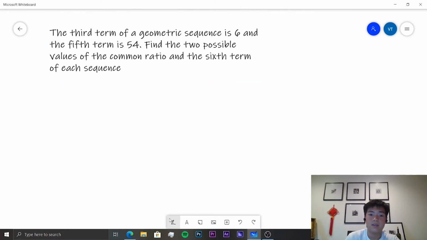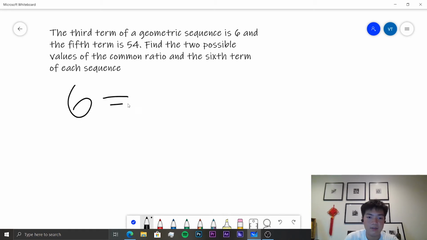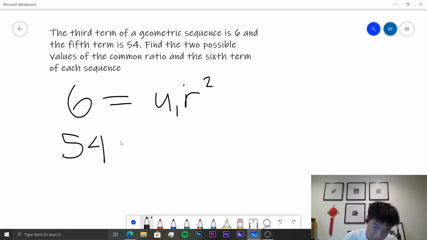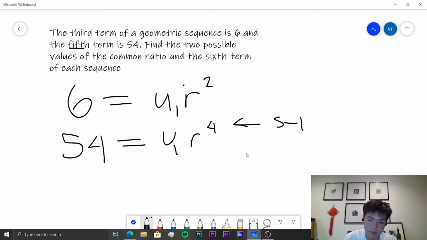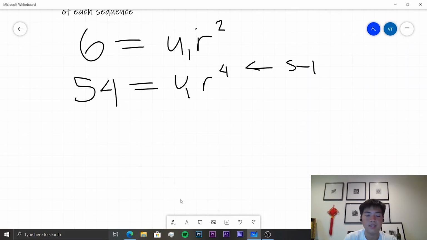So we know that the third term is 6, so 6 is equal to the first term times the common ratio to the power of 2, and 54 is equal to the first term times the common ratio to the power of 4. Notice this is the fifth term, but it's 4 because this should be n minus 1, and 5 minus 1 equals 4. So to get the common ratio, we can simply divide these two.